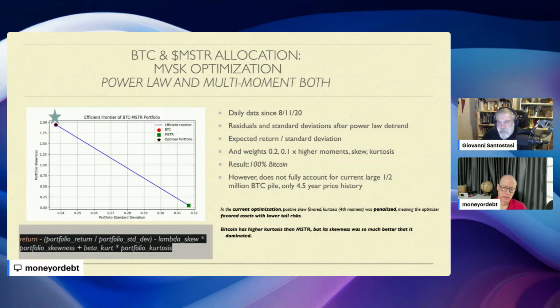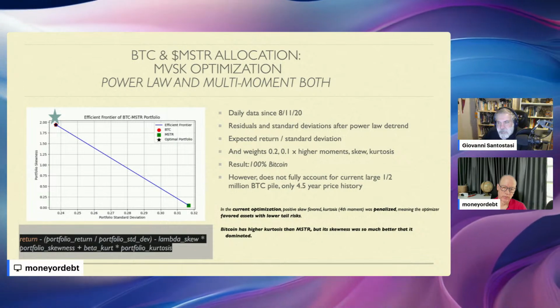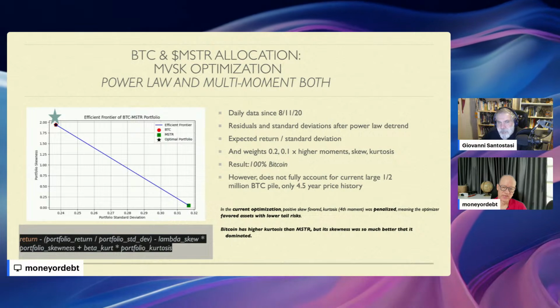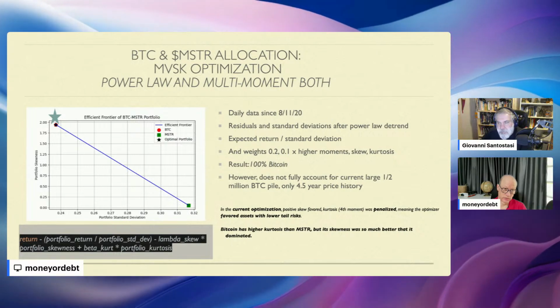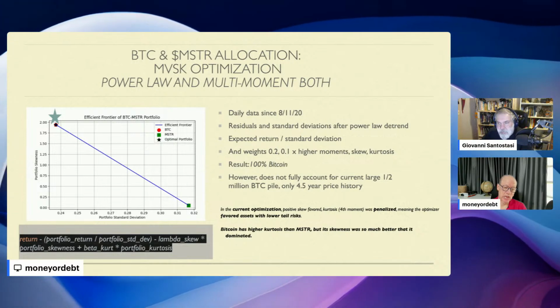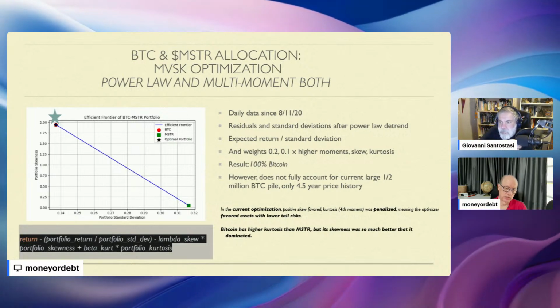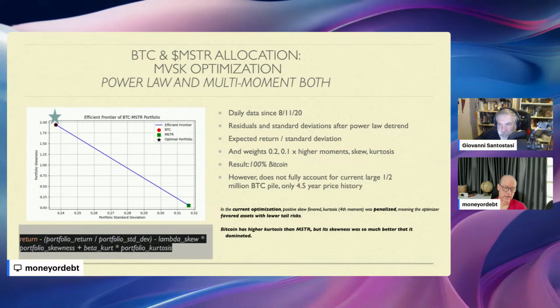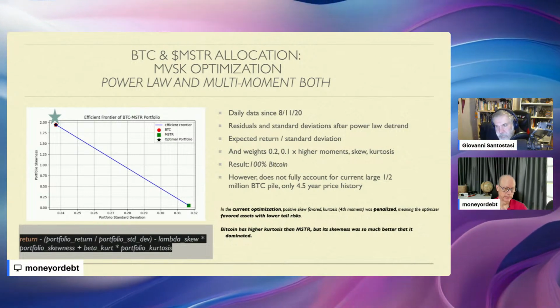It's not explicitly accounted for here. Yeah. Because you're just feeding return, standard deviation, skew, kurtosis, and some weightings, right? Right. After having first massaged the daily data that you do have 5 days a week in order to determine those parameters. So it's implicitly there, but it's not explicitly in this optimization analysis.